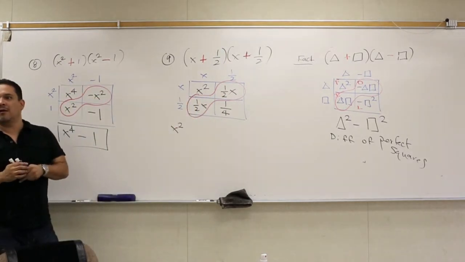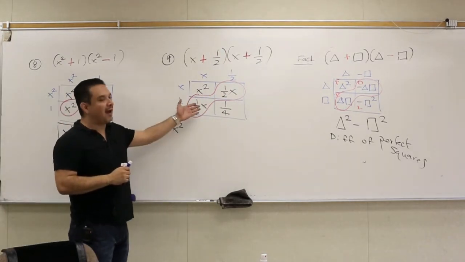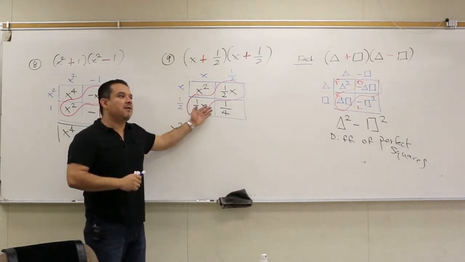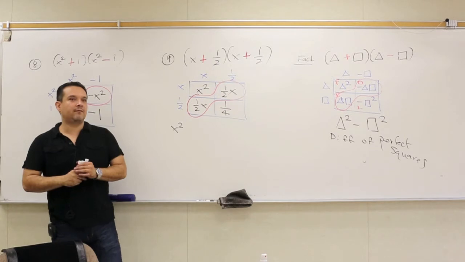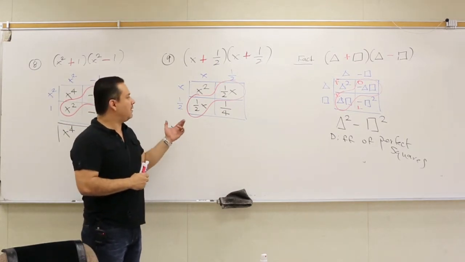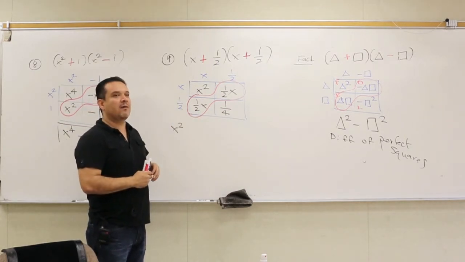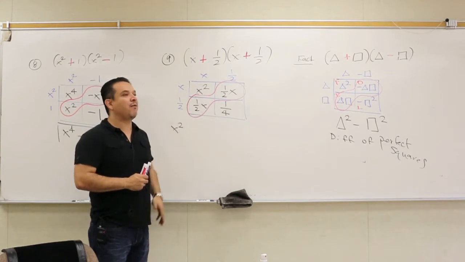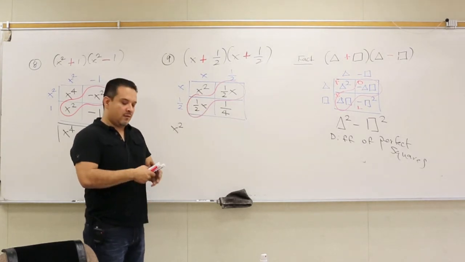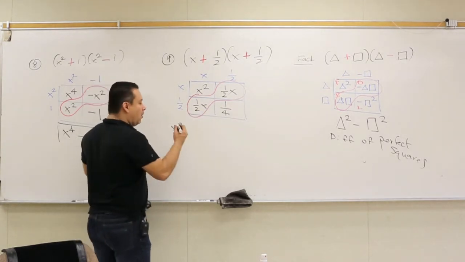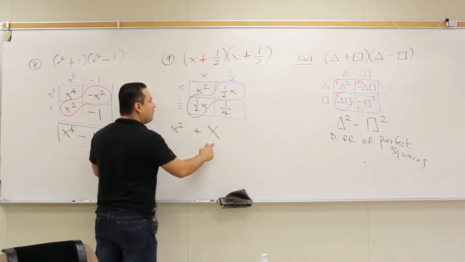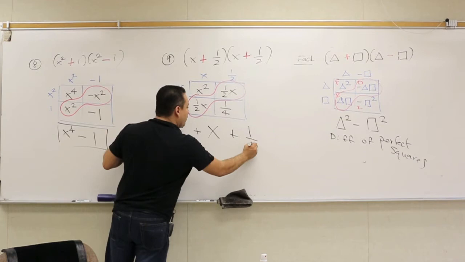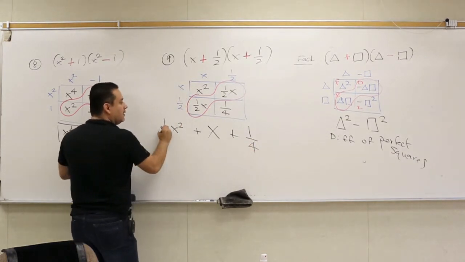Is that right? So if I have half an apple, and I got another half an apple. What do you guys think? If you have half an apple, and you have another half an apple, there's 1 whole apple. Good. So I'm going to put plus 1 whole apple. Don't forget your plus 1/4. You guys okay with that idea?